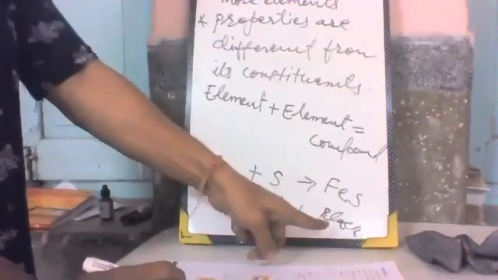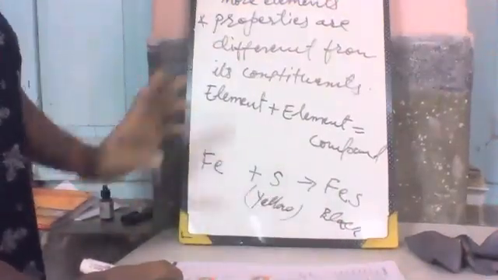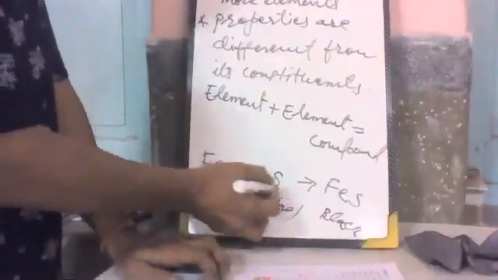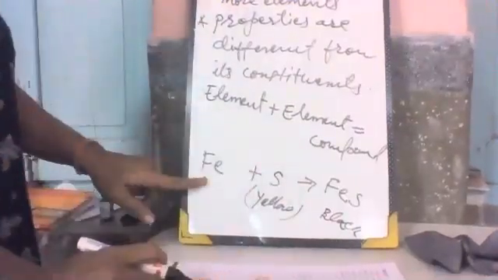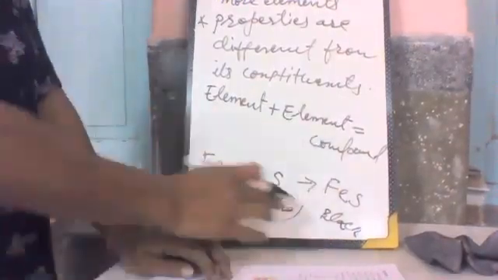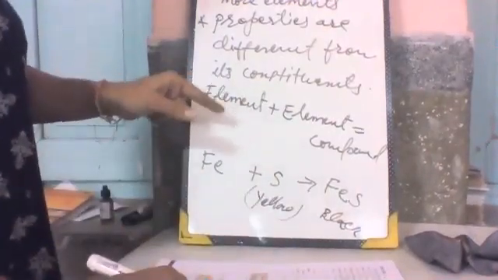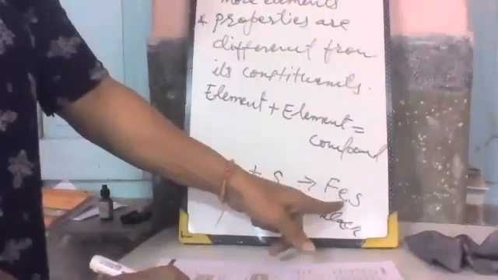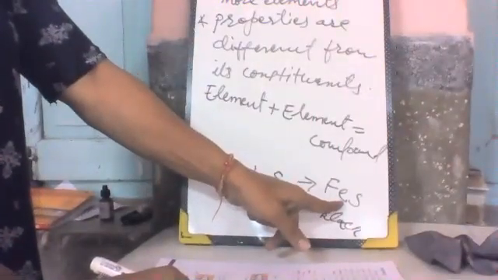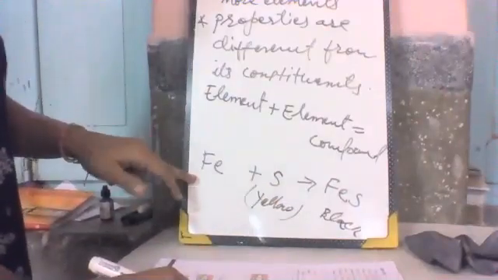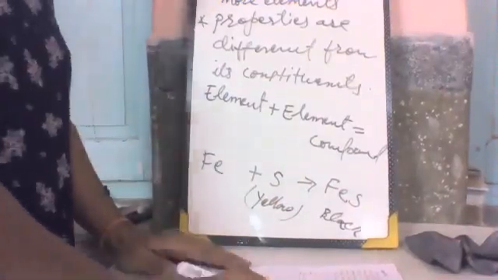The compound is formed by two elements, and the properties are different from its constituents. Iron and sulfur are the constituents of compound FeS. The property of iron sulfide is different from the property of sulfur and iron. Is it clear?